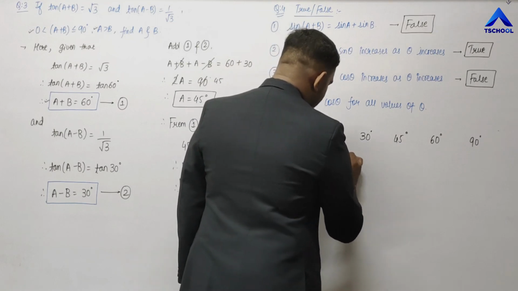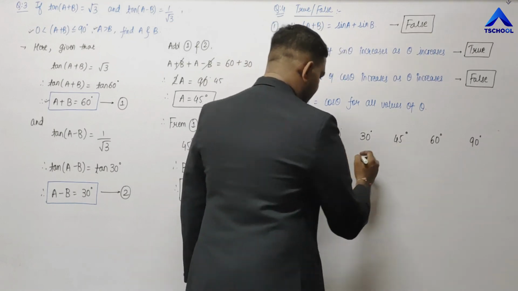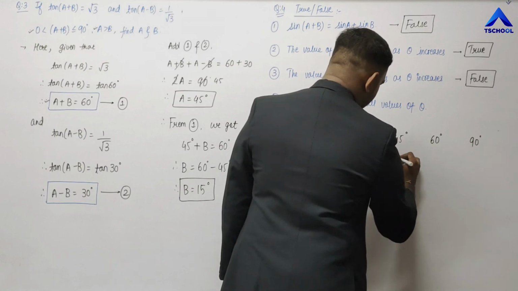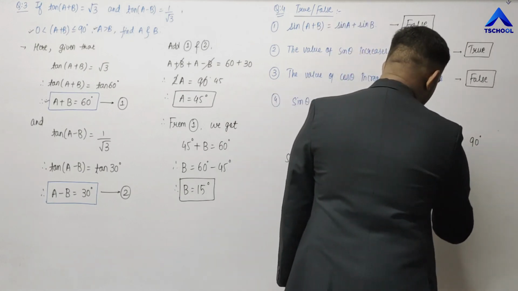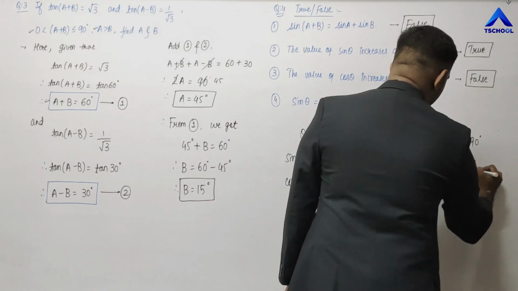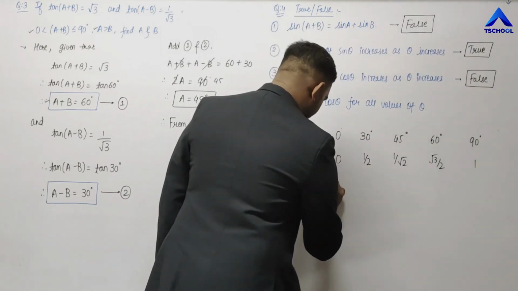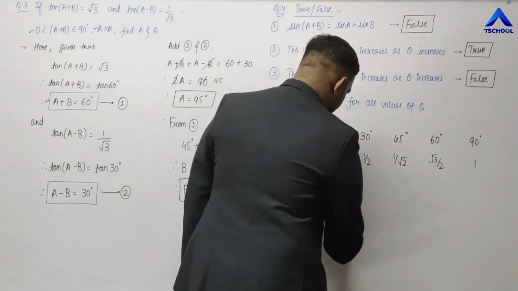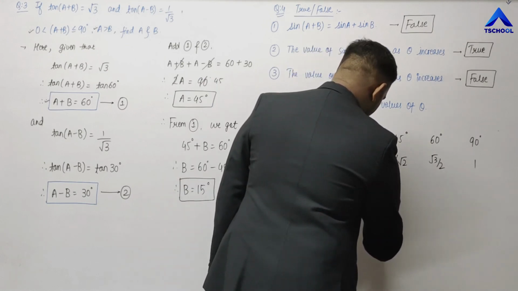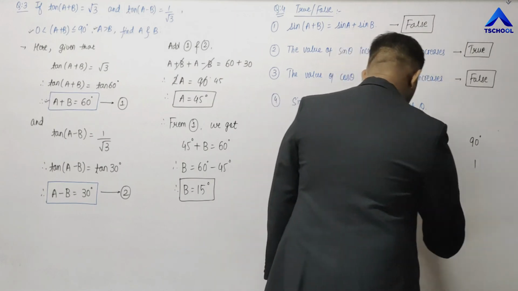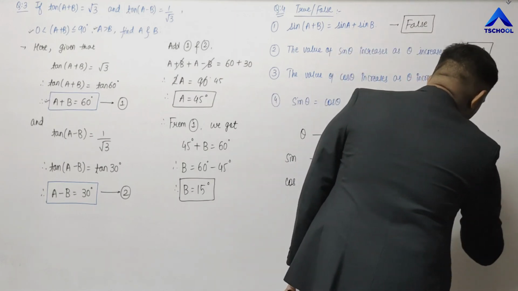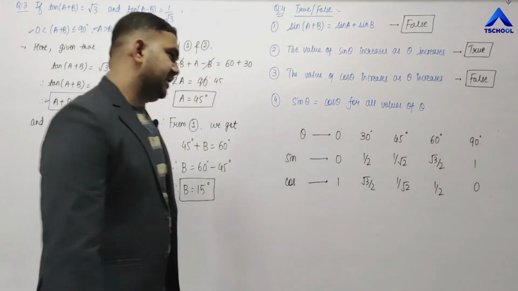Sine 0 is 0, sine 30 is 1 by 2, sine 45 is 1 by root 2, sine 60 is root 3 by 2 and sine 90 is 1. For cos: cos 0 is 1, cos 30 is root 3 by 2, cos 45 is 1 by root 2, cos 60 is 1 by 2 and cos 90 is 0.